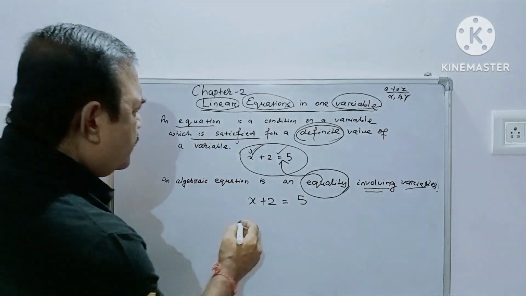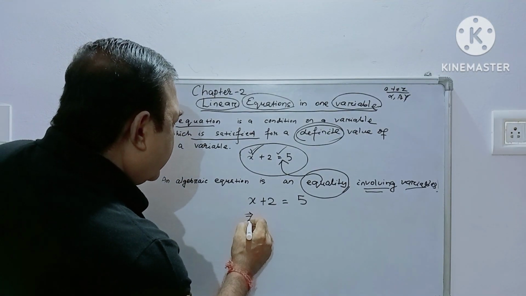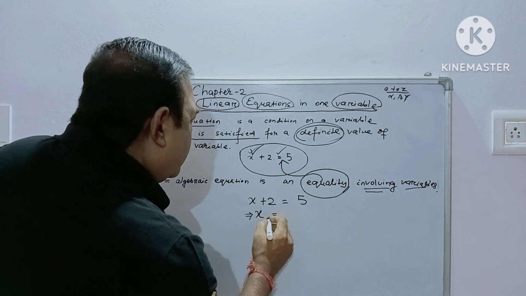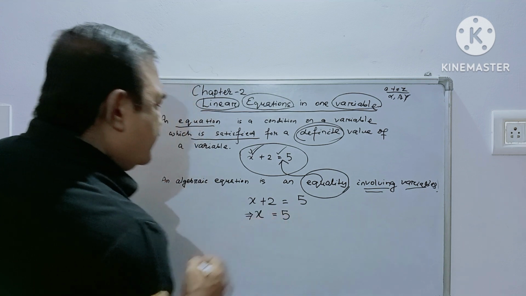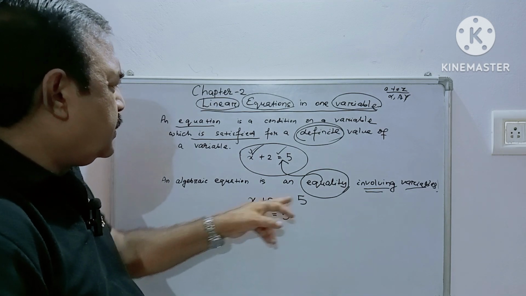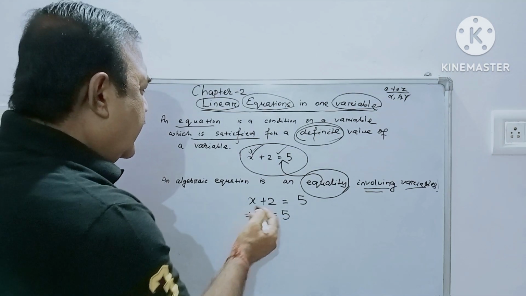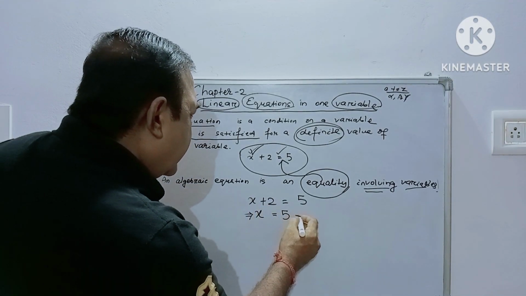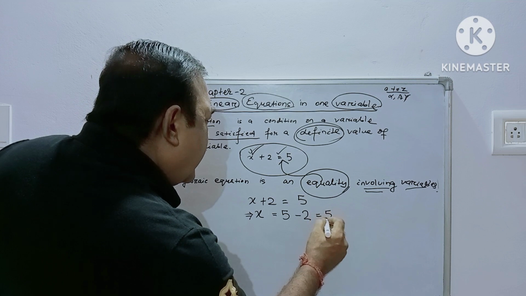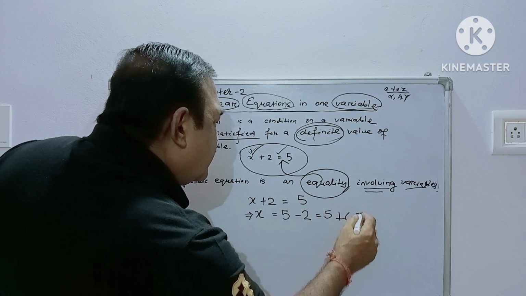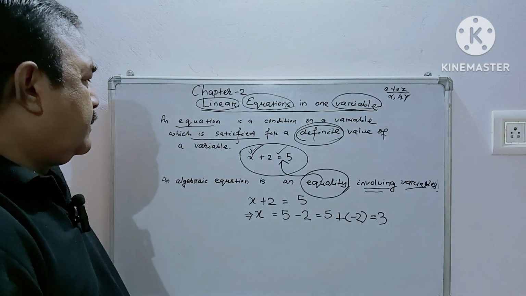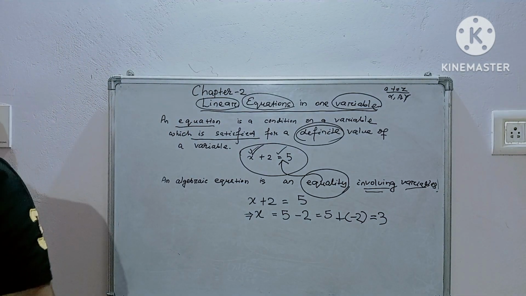If you start solving it, that implies x is equal to 5 minus 2. So we transposed 2 to the right hand side and it was with the positive sign, and just to change the sign, write like this. That is equal to 5 plus of minus 2, that is equal to 3. Okay?